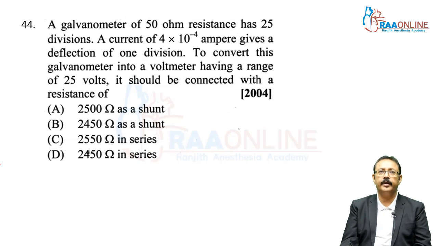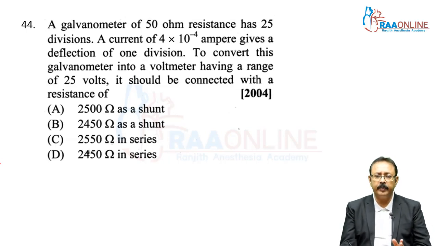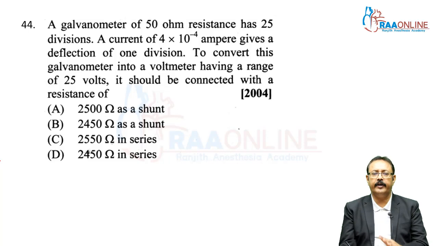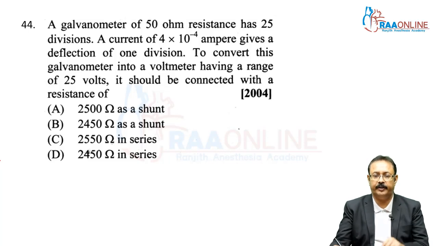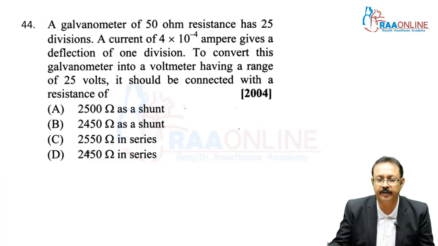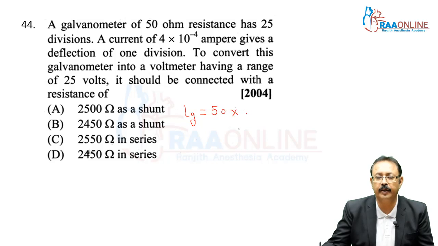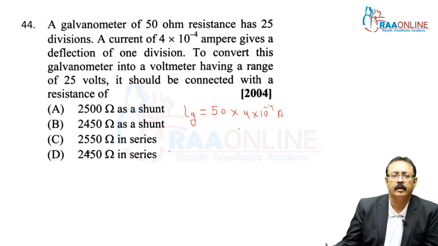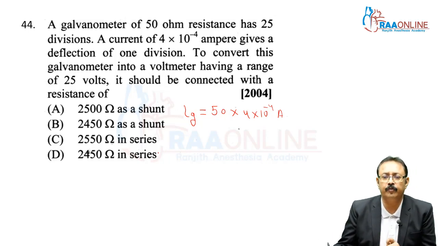Next, 2004 AIPMT. A galvanometer of 50 ohm resistance has 25 divisions. A current of 4 into 10 to the power minus 4 ampere gives a deflection of 1 division. It means for 50 divisions we need, which we say Ig, a current of 50 into 4 into 10 to the power minus 4 ampere. To convert this galvanometer into a voltmeter having a range of 25 volt, V is given 25.